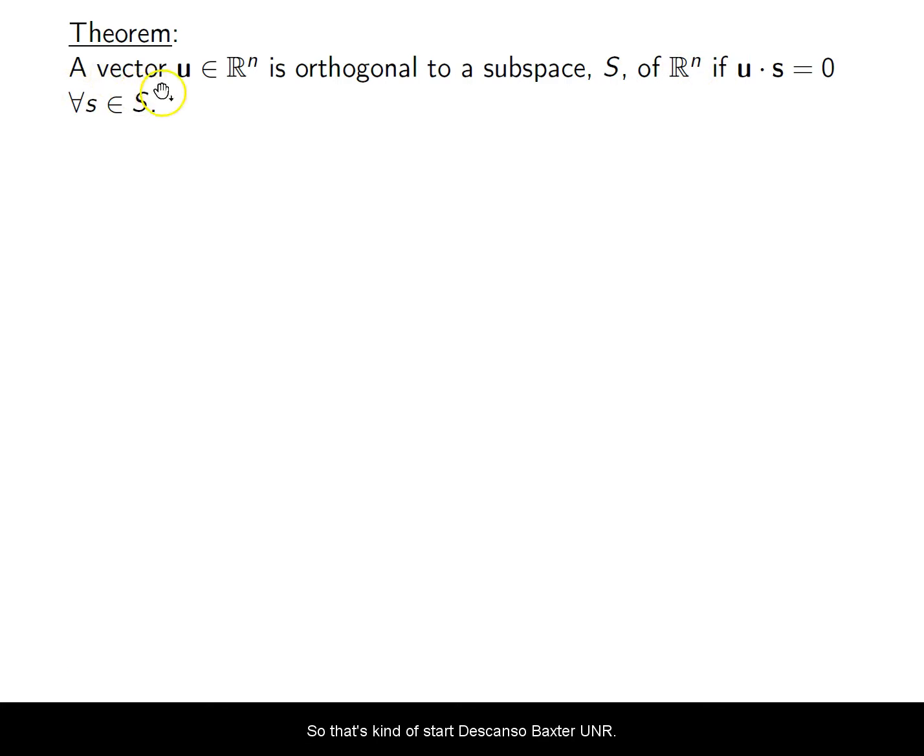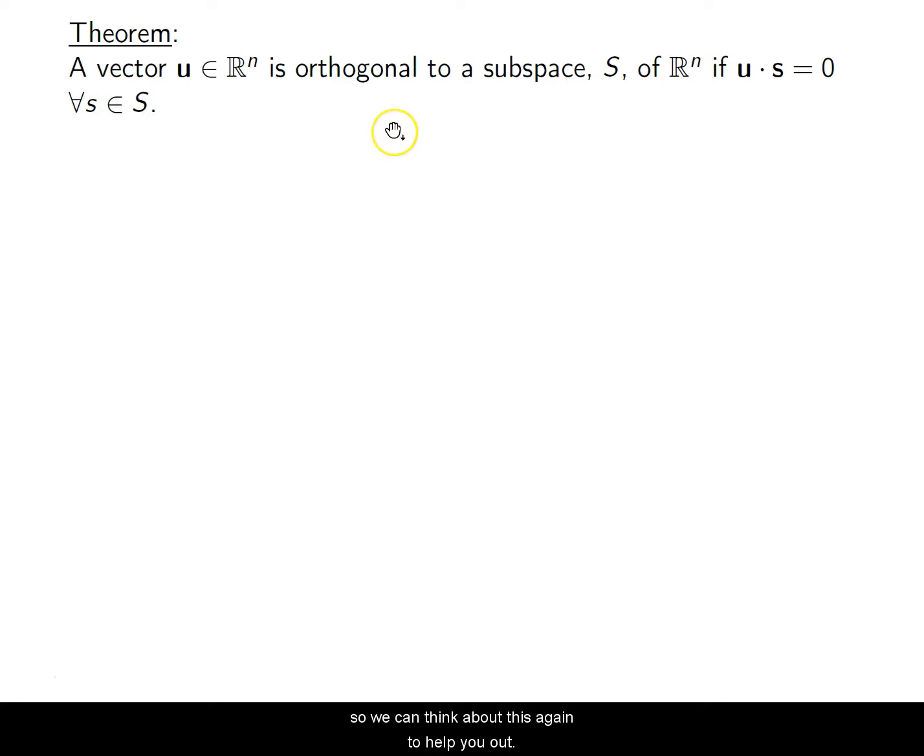So let's start this again. A vector u in Rn is orthogonal to a subspace. So I have a vector that is orthogonal to an entire subspace, and this subspace is a subspace of Rn. If u dot s, the dot product of u with any vector in S, is 0, so for every s inside of this subspace.